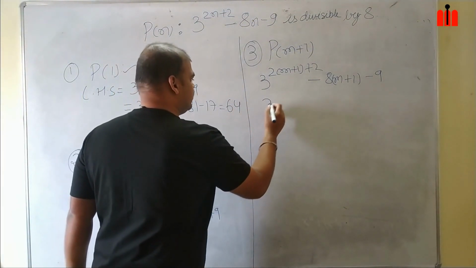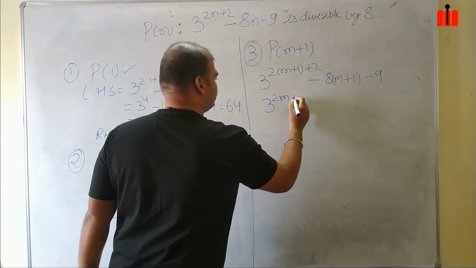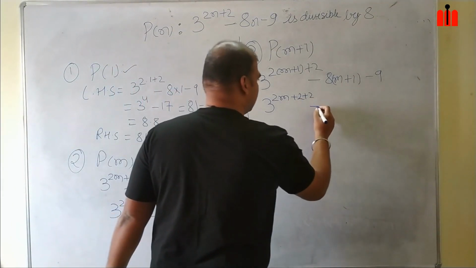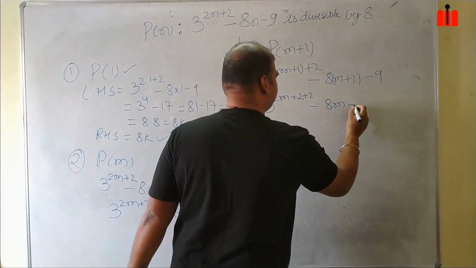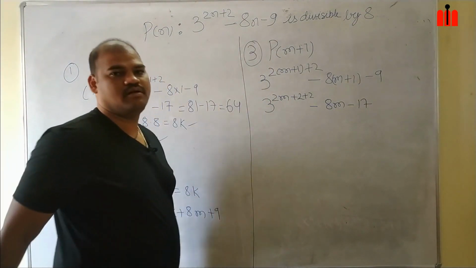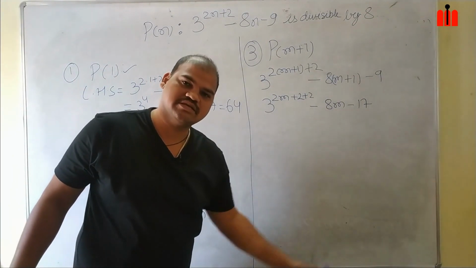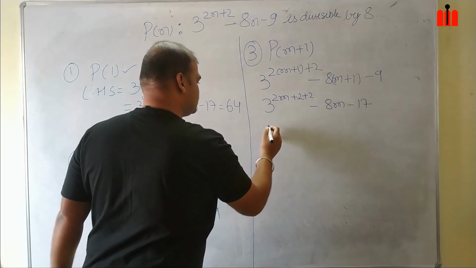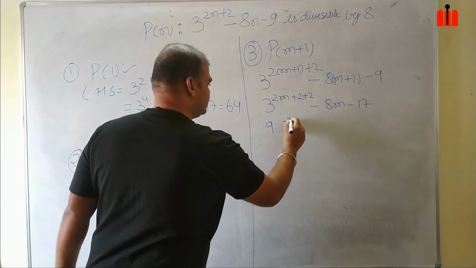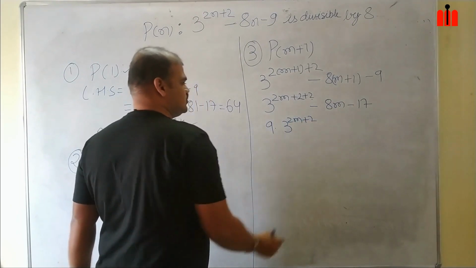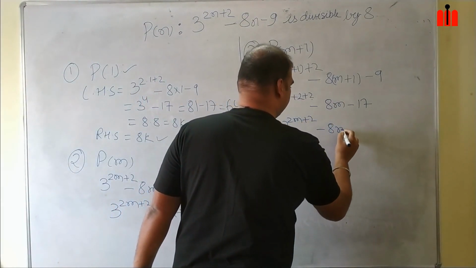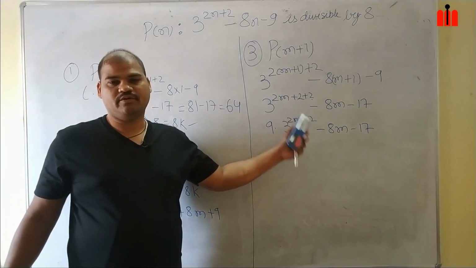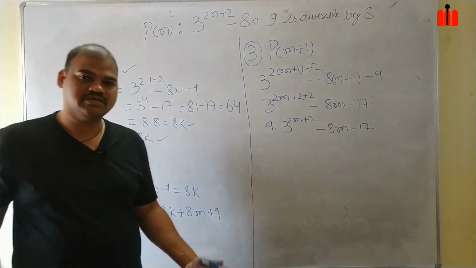So it will be 3 to the power of 2m plus 2 plus 2 minus 8m minus 17. Minus 8 minus 9, it will become minus 17, right? 3 to the power of 2m plus 2, this is 3 square, so it will become 9. 9 into 3 to the power of 2m plus 2 minus 8m minus 17, right?